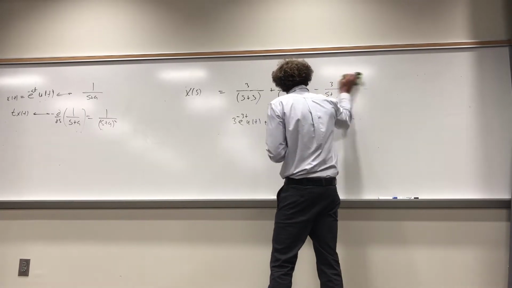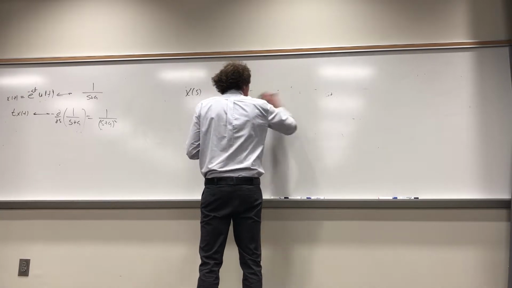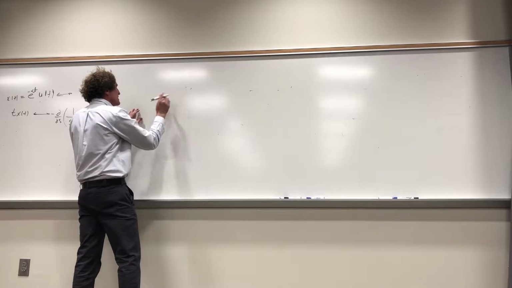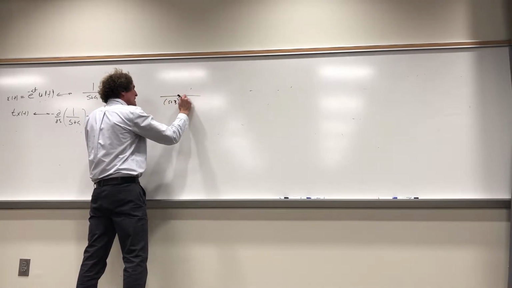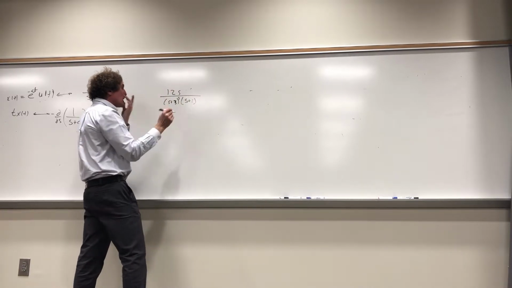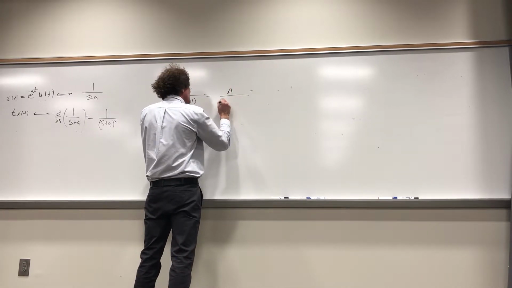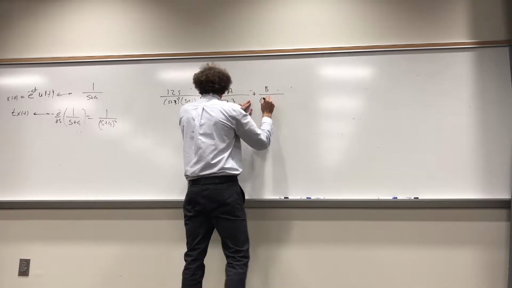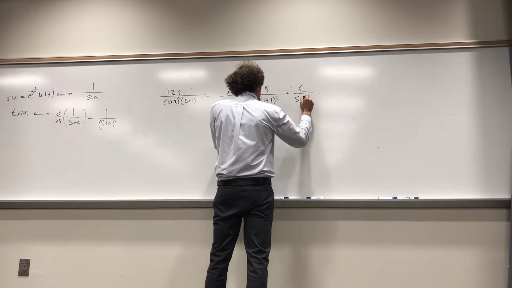We know what the answer is, but to get those constants, here's what happens. If I had that original function, tell me that original function again. It was (s plus 3) squared, right? And s plus 1, and on top it was 12s, is that right? Yes, sir. All right, the way a lot of times this is done, we're going to have a over s plus 3, plus b over (s plus 3) squared, plus c over s plus 1.